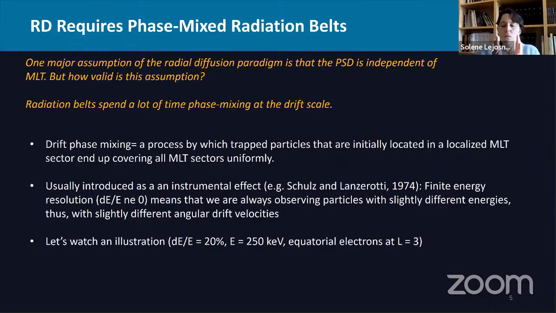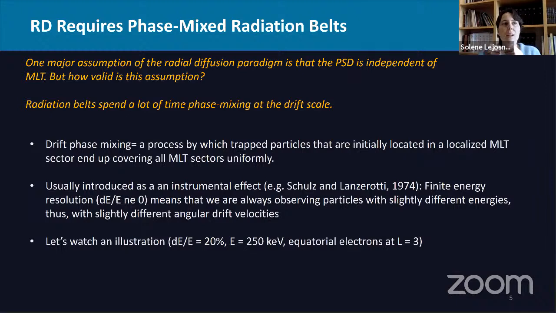So you always, with your instrument, if you think you're measuring 200 keV, actually you have a finite energy resolution. So you're going to measure particles that are between 180 and 220 keV. So you have a small margin there, a small uncertainty in kinetic energy. And because your drift frequency depends on kinetic energy, your particles are not going to drift at the same speed.